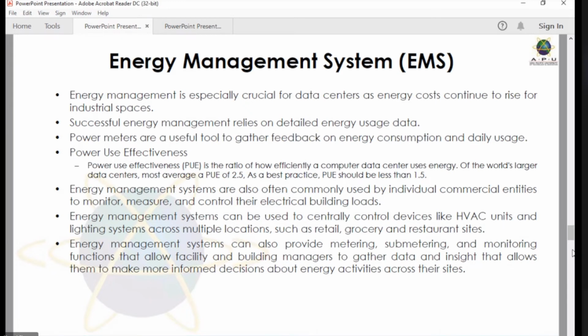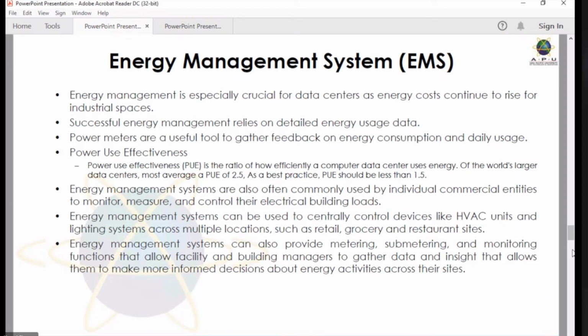Why don't we use motion sensors? होइन, त्यो गऱ्यो भने we save energy. Power meters are useful tools to gather feedback on energy consumption and daily usage. अब पावर मिटर्सहरू राख्ने अनि त्यसले कति कति कुन कुन ठाउँमा कति कति इनर्जी युज भएको छ भन्ने त्यो पत्ता लगाउने. Then you calculate power usage effectiveness.